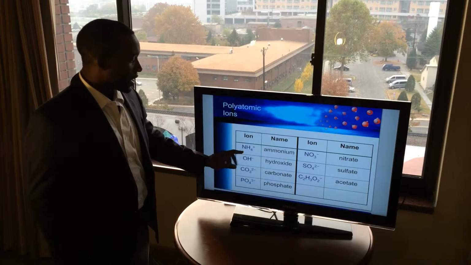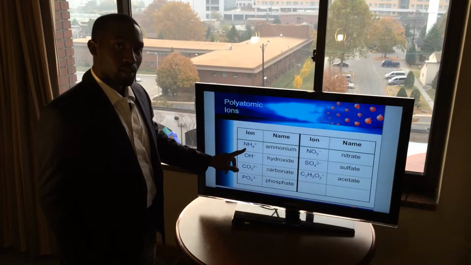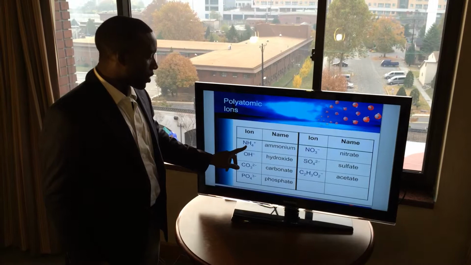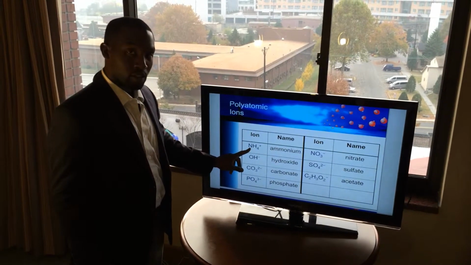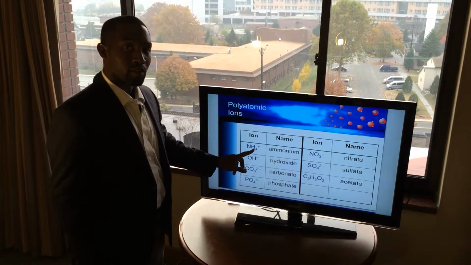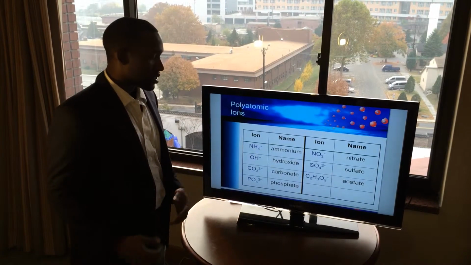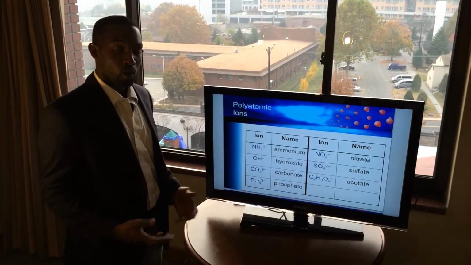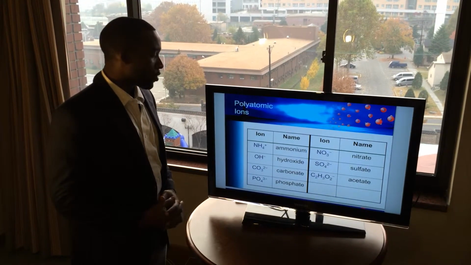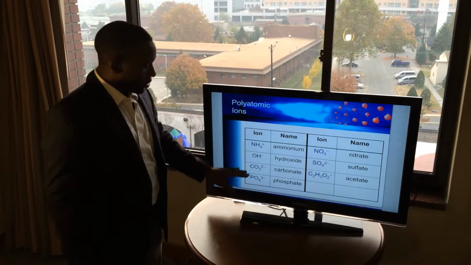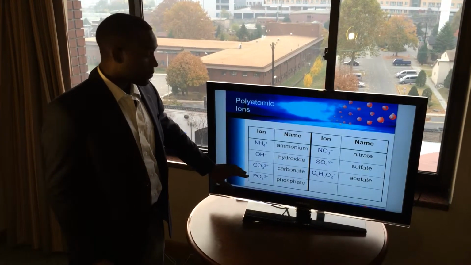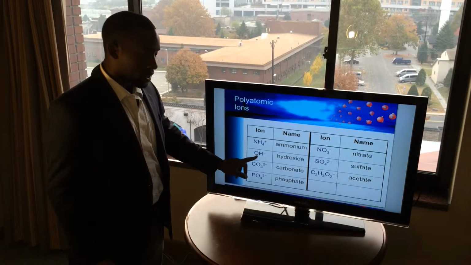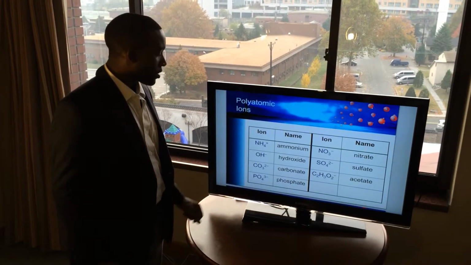For example, the ammonium ion has 1 atom of nitrogen and 4 atoms of hydrogen. And because of the charges that are acquired, you form ions. So you have different types of ions, and they're based on the composition, of course.